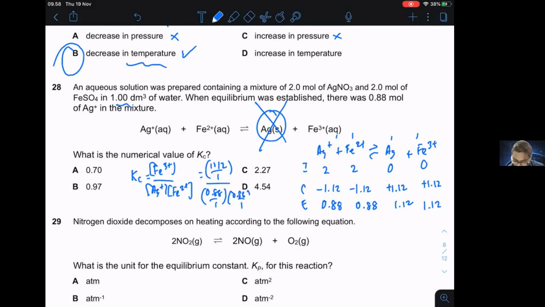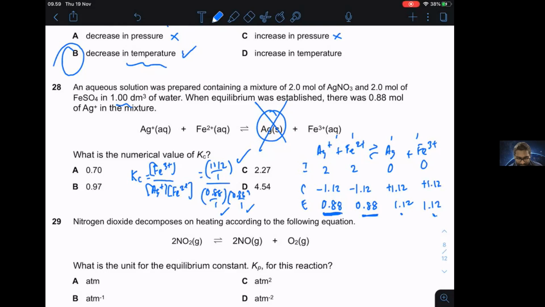Let me see this one. Fe2 plus should not be... Fe2 plus is 0.88, and Ag should not be in there. Let me calculate the numerical value again.